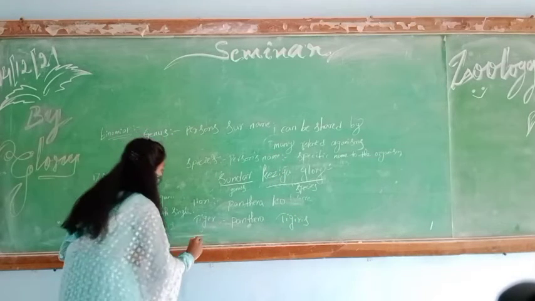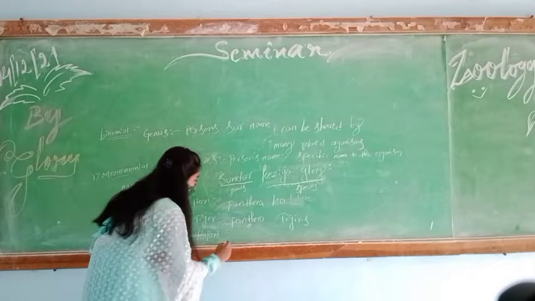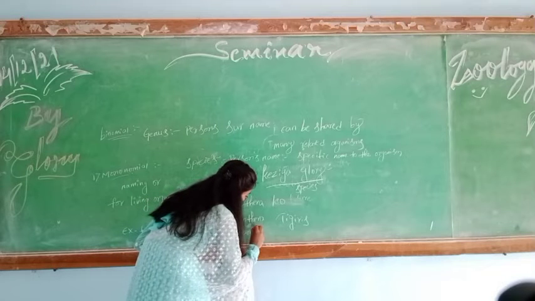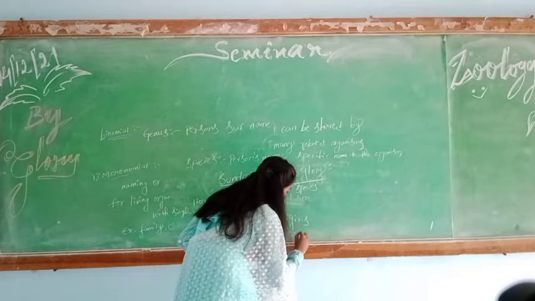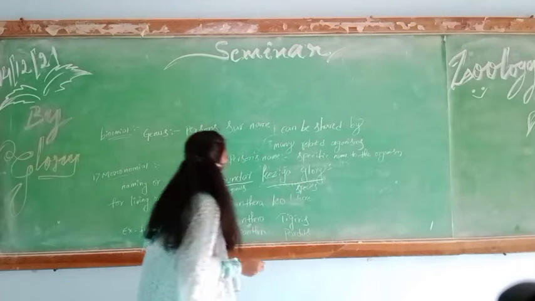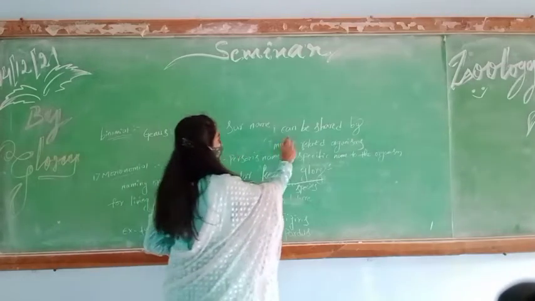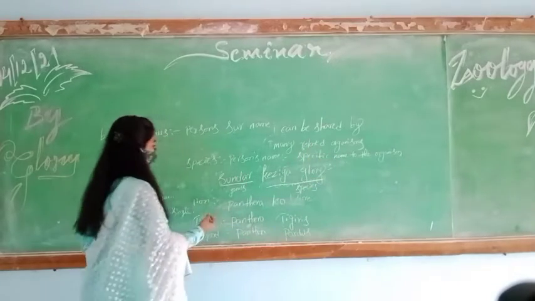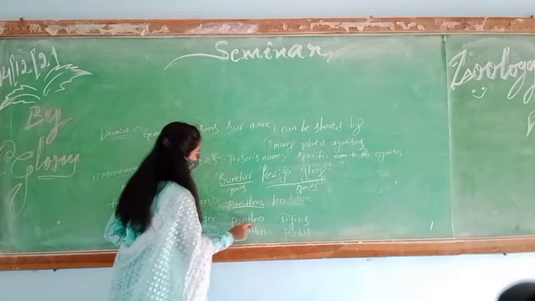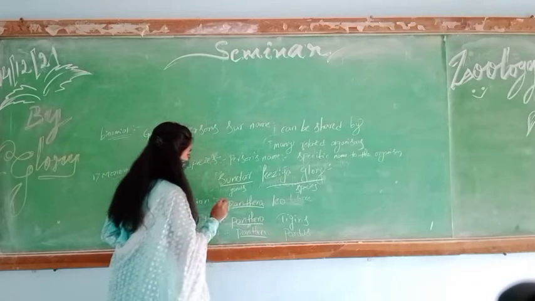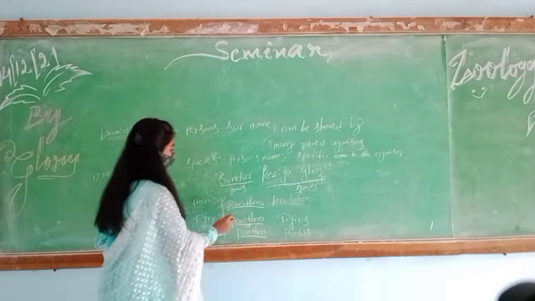And leopard scientific name is Panthera pardus. Here we will explain that the genus name can be shared by many related organisms. Here we can see lion, Panthera; tiger, Panthera; and leopard, Panthera. These all belong to one family. So genus name can be shared by many related organisms.